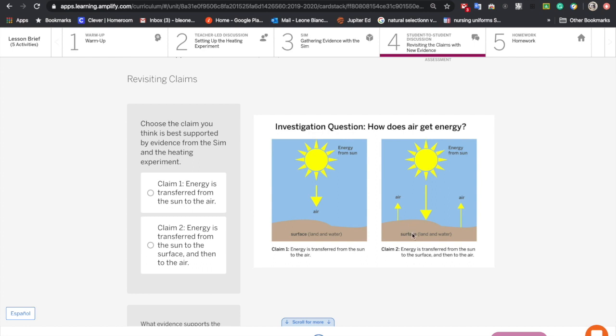You need a surface to take the heat and then release it. When there's nothing for the sun to hit, there's no surface, the heat is not being trapped. So this would actually support claim 2. Energy is transferred from the sun to the surface, and from the surface bounces back up into the air.